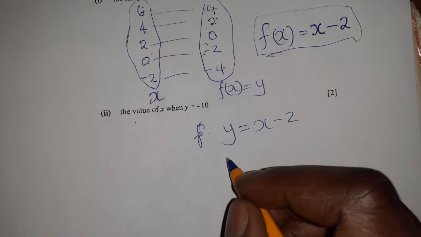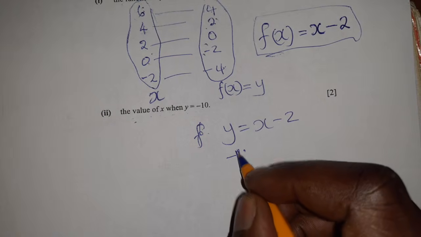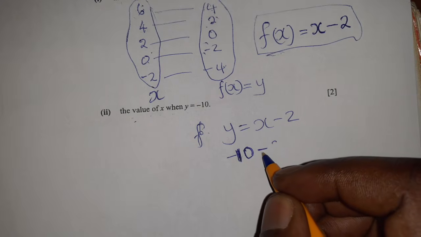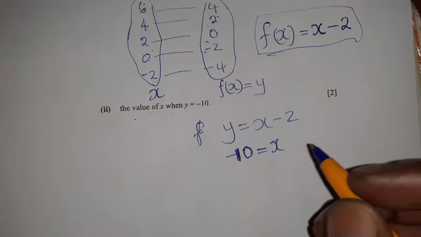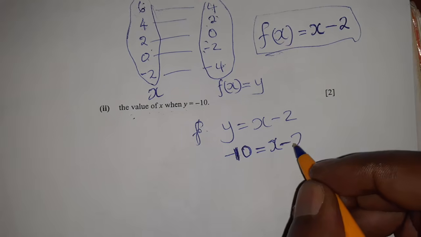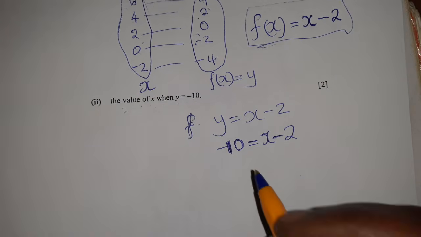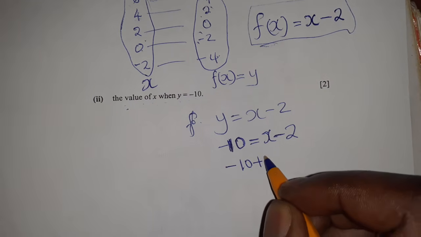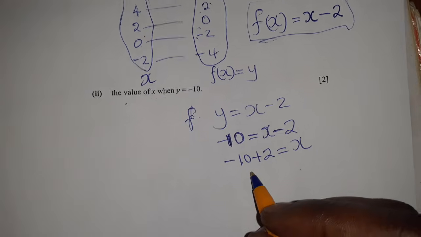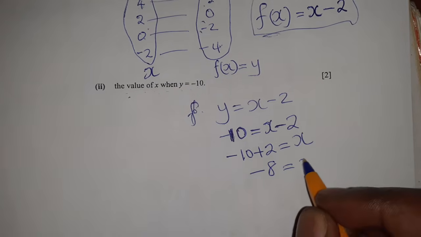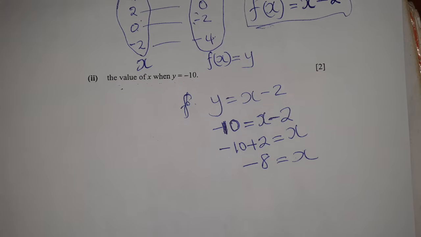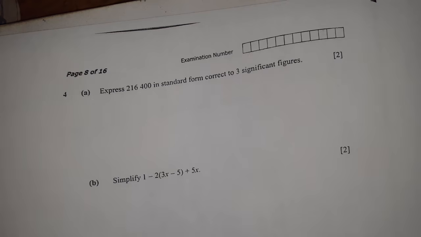They are saying this is -10, so you can collect the like terms together. You know this is going to give you -8. That is what is going to be your answer for x.